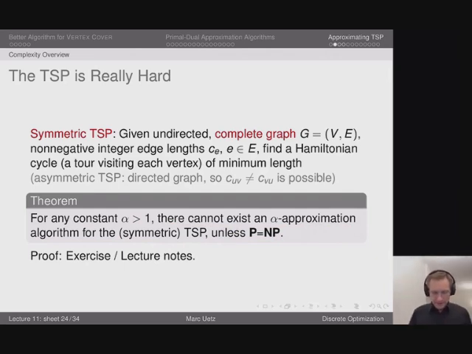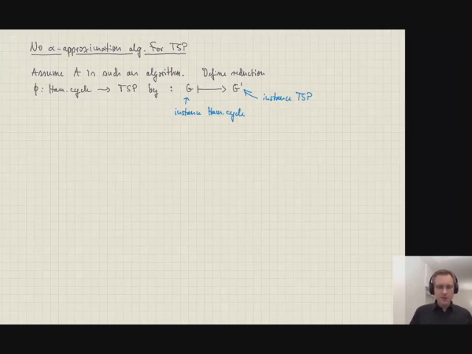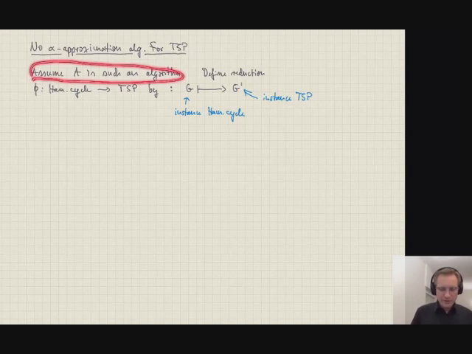And how do we see that? The proof is quite simple and uses a so-called gap reduction. Let's see how we can do that. Let's assume we have an approximation algorithm A that achieves an approximation guarantee alpha.